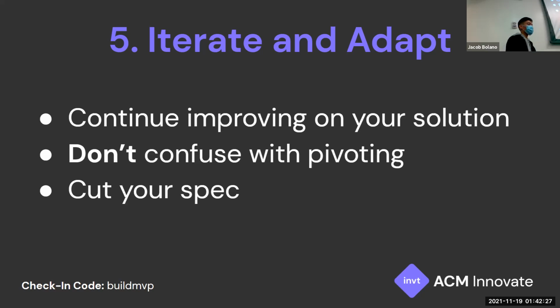You shouldn't try to change up everything from the start, because what likely happens is if you identify a problem and you try to find a solution for it, that problem still exists. Your solution could be not the optimal solution, or you could be doing something wrong, but that problem probably still exists. So don't try to pivot away from it. Just start iterating and adapting based off what people say. And also cutting your spec is just cutting down on anything that you don't need.